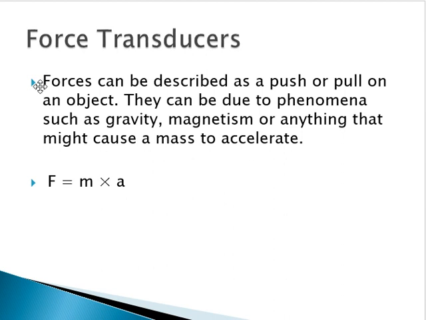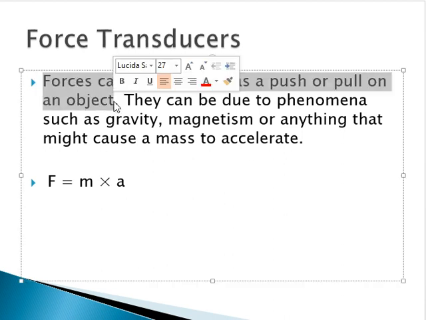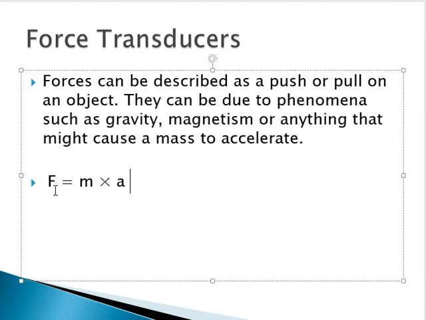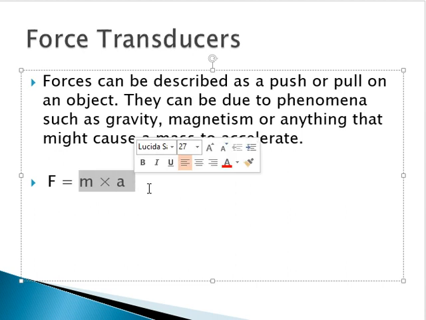Basically, force is a push or pull on an object. The formula for force is force equals mass into acceleration, because it might cause a mass to accelerate. That's why the formula is given like this.